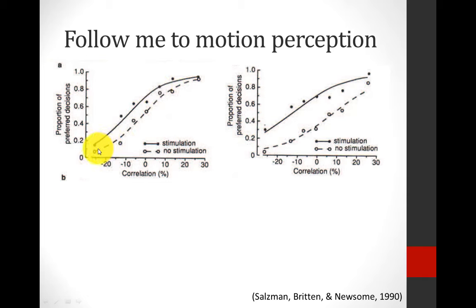So you've got what they're doing while they are not being artificially stimulated and everything's all good, but then when they're stimulated you see a shift in their response. Same thing in this plot. You see a shift in their response when you artificially stimulate another set of neurons in MT.